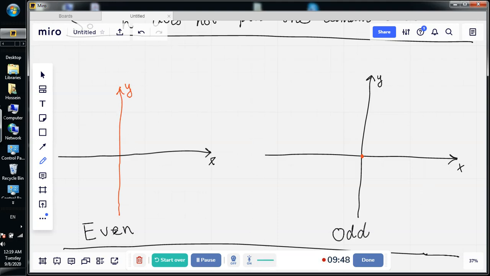So just remember this figure. For the even function, the y-axis is significant because the graph of even functions is symmetric with respect to the y-axis. For odd functions, the origin is a significant point because the graph of odd functions is symmetric with respect to the origin.